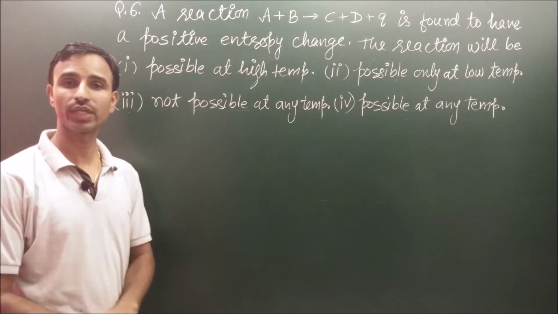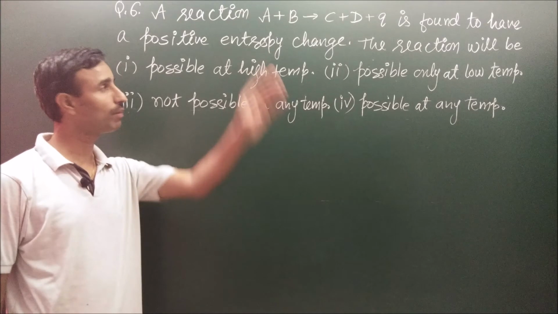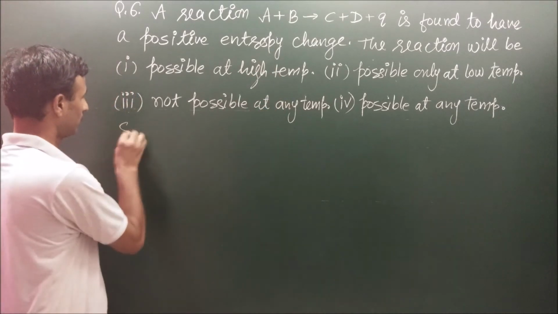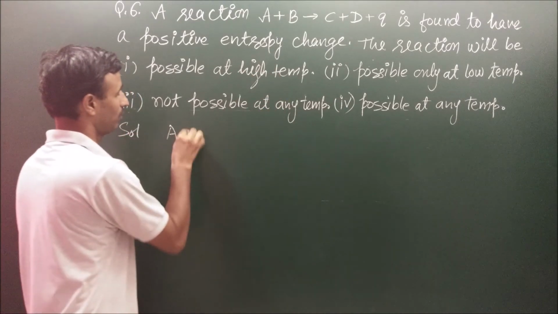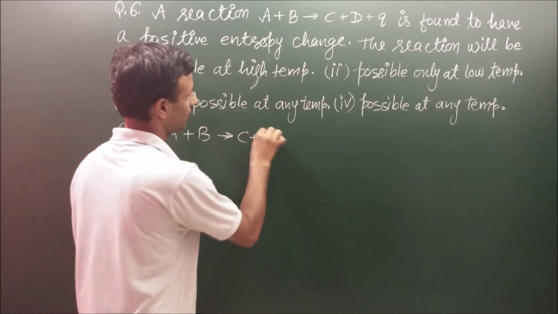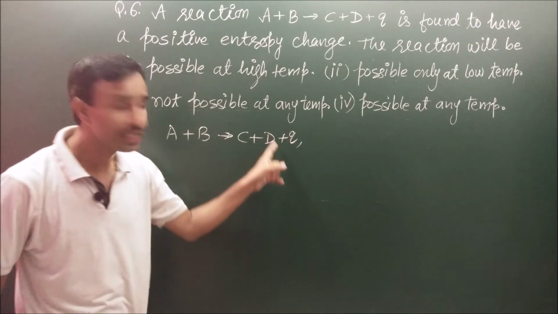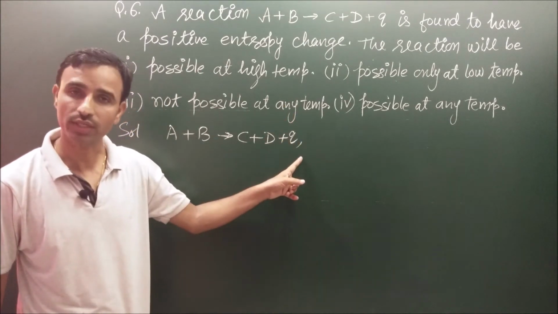So question 6 is a reaction A plus B to give C plus D plus Q. That means heat is added towards the product.